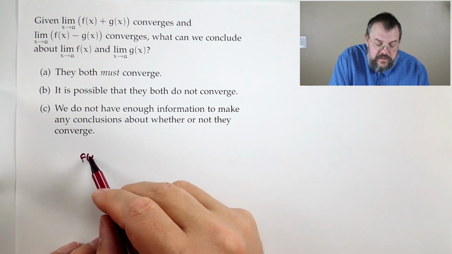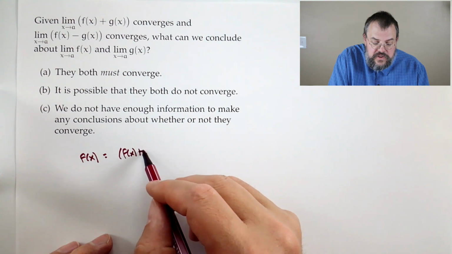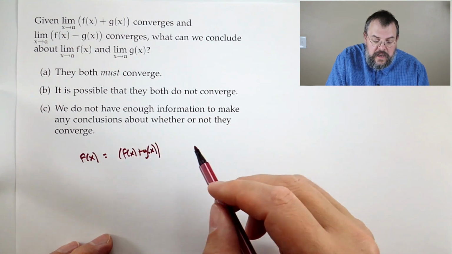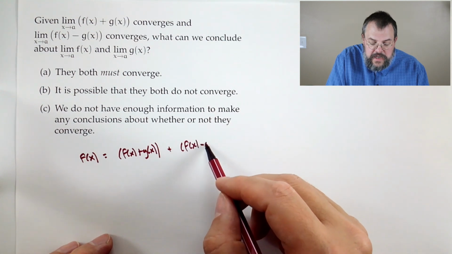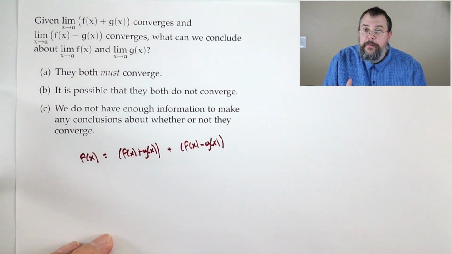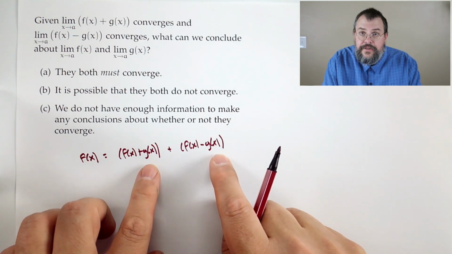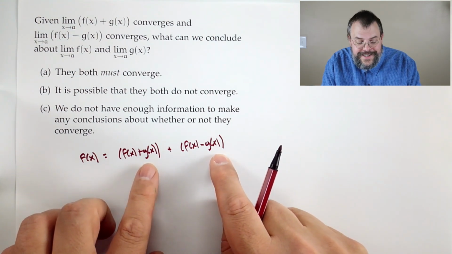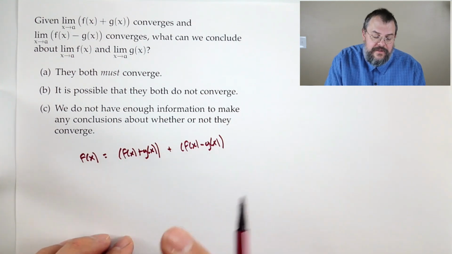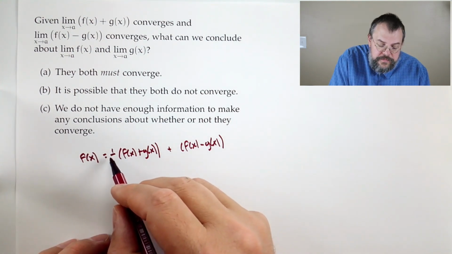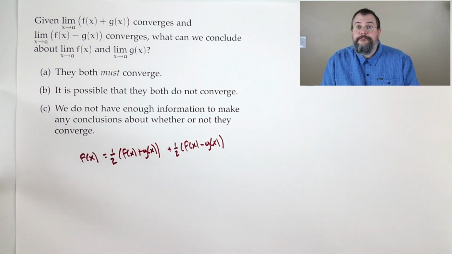I can write f of x as f of x plus g of x, and then I'm going to add f of x minus g of x. Now, I'm not done writing stuff down, but notice what happens. The g of x's cancel. I end up with a factor of 2, because there's 2 f of x's. But now, I can say there's a half.